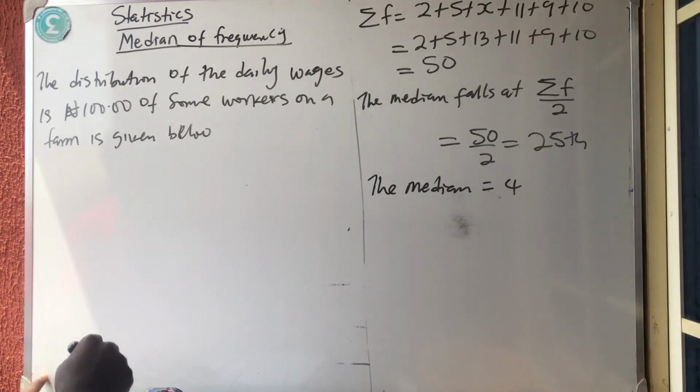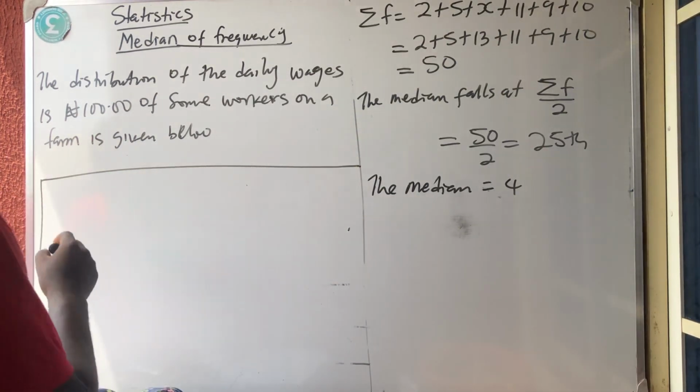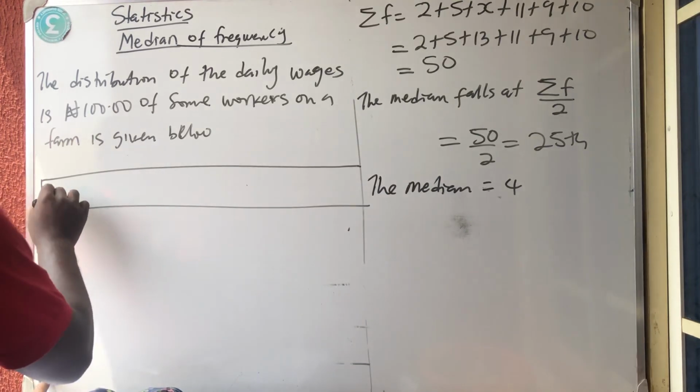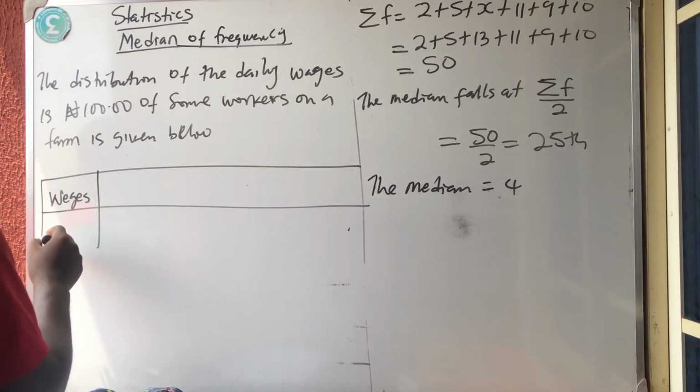So what they gave us is wages, frequency, number of workers.